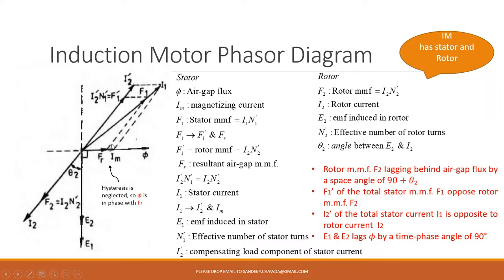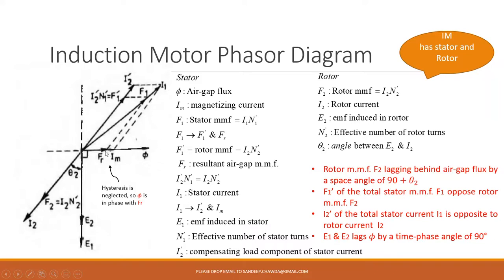The resultant air gap MMF will be in phase with phi when hysteresis is neglected. In this case we have considered that hysteresis has no role, so it is neglected. That's why FR is drawn in line with phi.